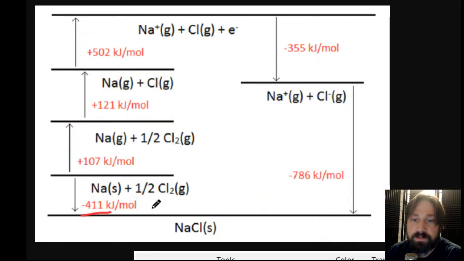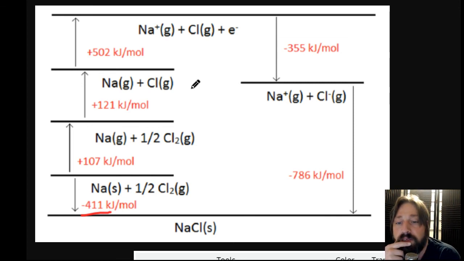Negative 411. So this is just another way of viewing a Hess's law problem, except they did all the flipping and multiplying and everything for us. So that's nice of them. They're just making it a visual representation, kind of showing us the energy levels as well.